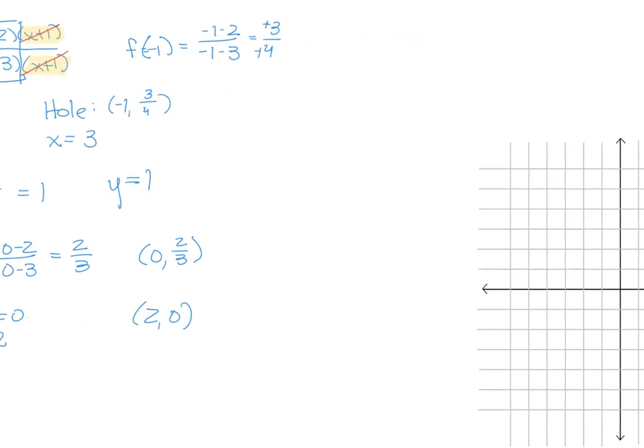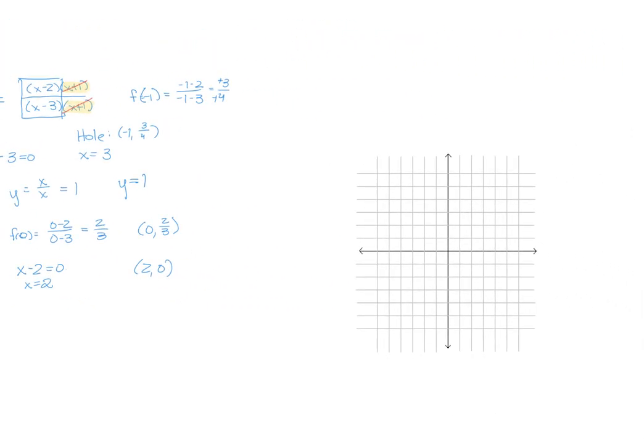We're going to go ahead and start with this information. We are going to start with our vertical asymptote. We have a vertical asymptote at x equals 3. We have a horizontal asymptote at y equals 1, so this is going to be going side to side. And I'm also going to put in my hole.